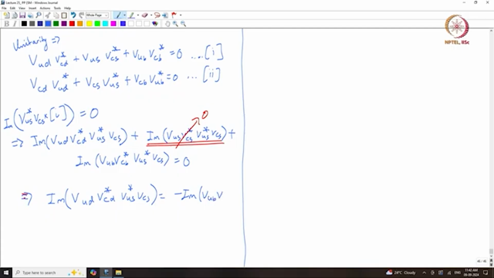Just like that I got 2 unitarity triangles to have the same area. And then similarly, suppose I take the second equation and hit it with VCD star VUD, that is also 0. Now, go ahead and do this.